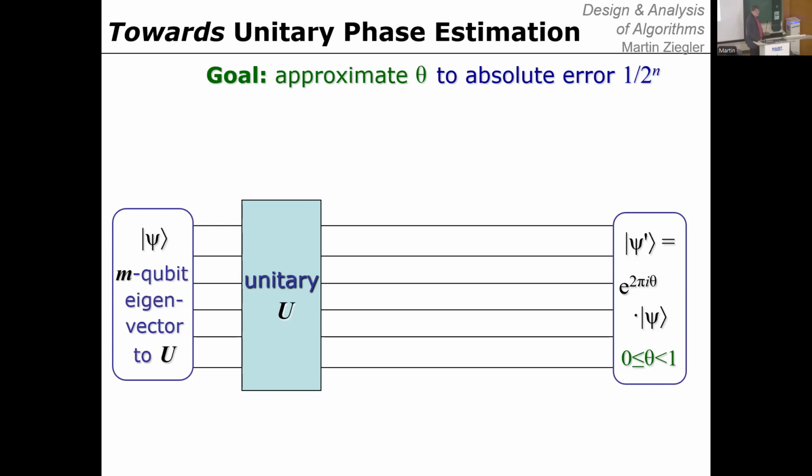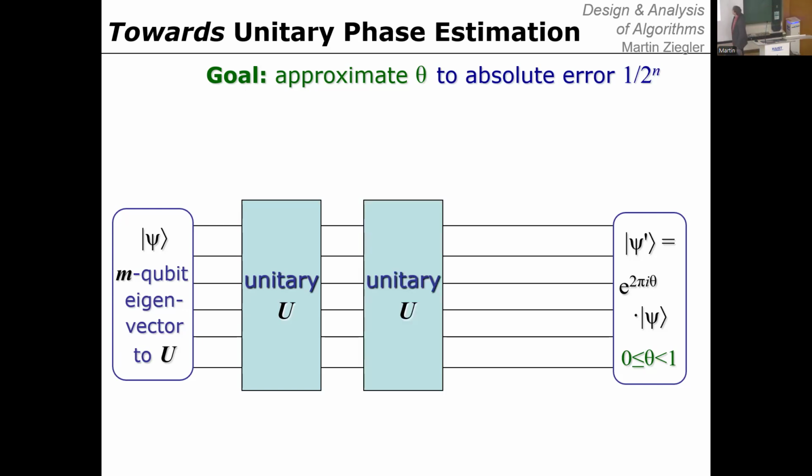No, here it's a sub-circuit parameter U. And just to give you an expression, what can we do with these sub-circuits U? We can invoke it once, and we know that the result will be an eigenvector, so it will be a multiple e to the 2 pi i theta for the phase that we're interested in.